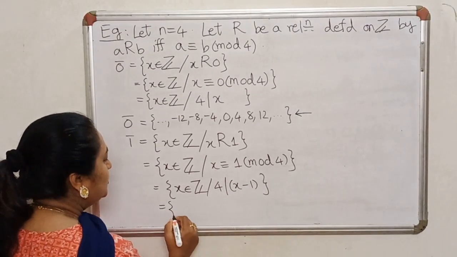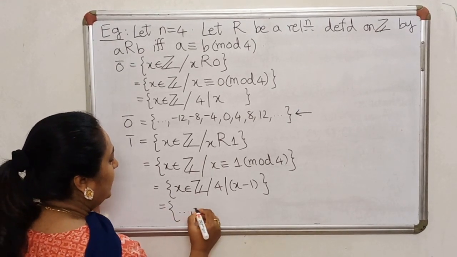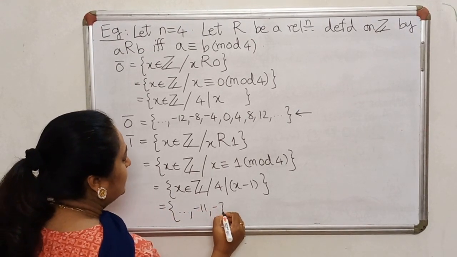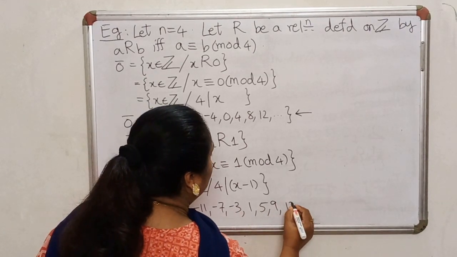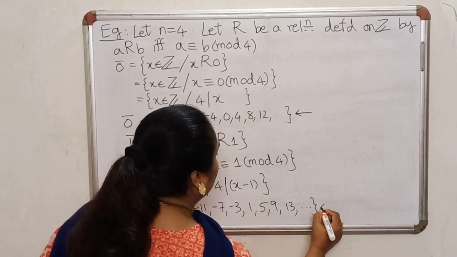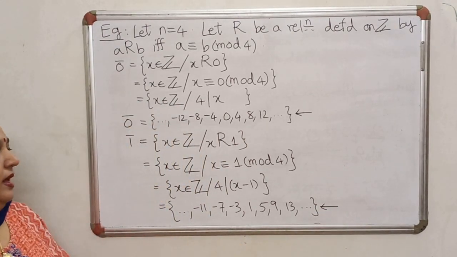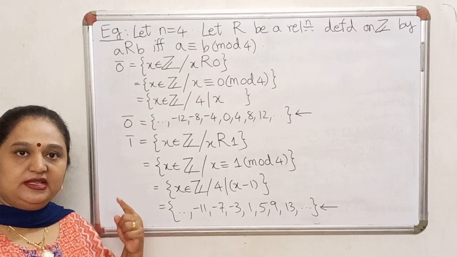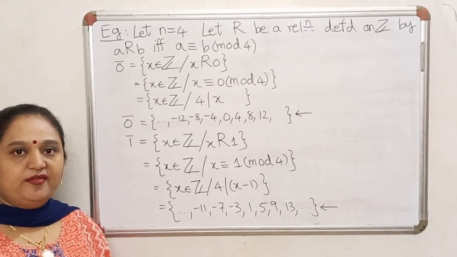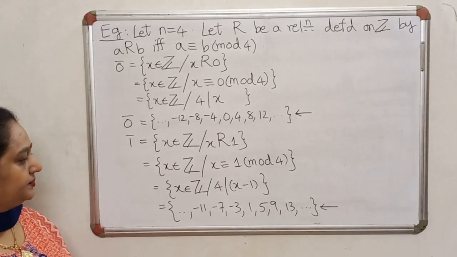So if I were to list all such elements, I will get minus 11, minus 7, minus 3, 1, 5, 9, 13. You can check. In fact, pause your video, also find out the equivalence class of 2, and the equivalence class of 3.